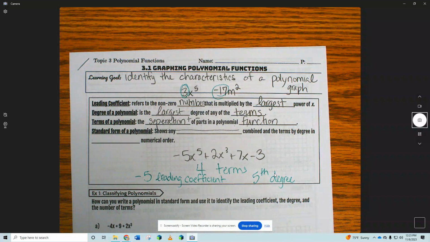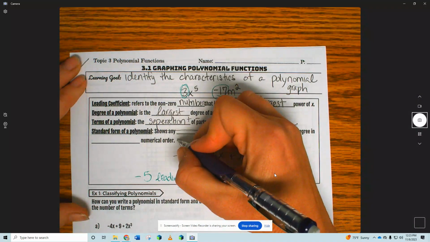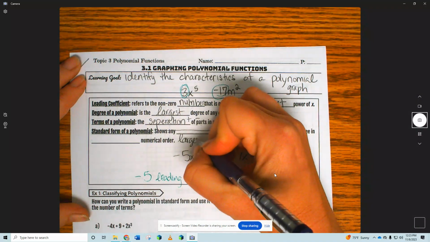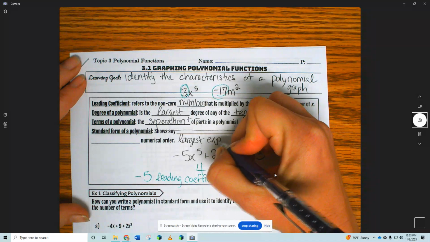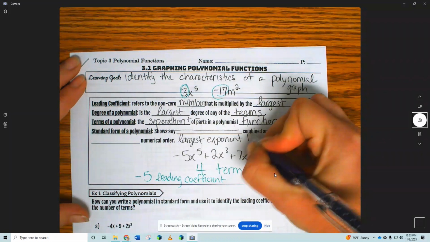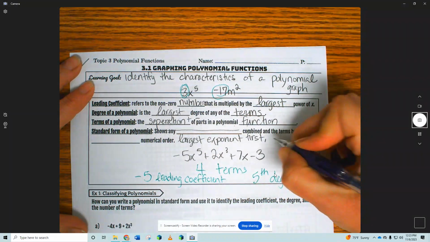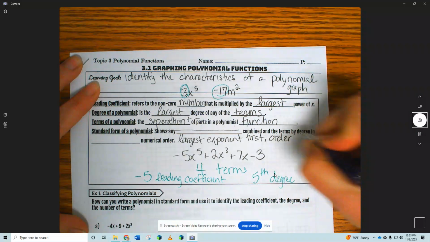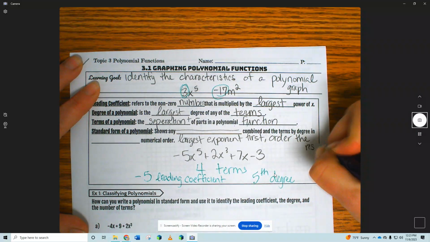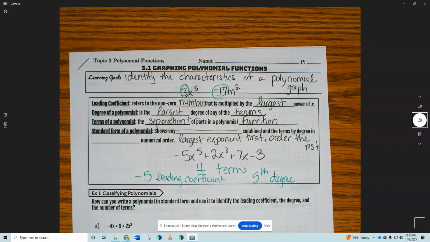Standard form is going to be like the biggest exponent first. So I'll just put that largest exponent first. That's all I care about. And then you order the rest in descending order. So the 5th degree, then 4th degree, then 3rd, then squared, then 1st degree, then constant. So I just want the biggest exponent in front, and then the rest in order going downward.